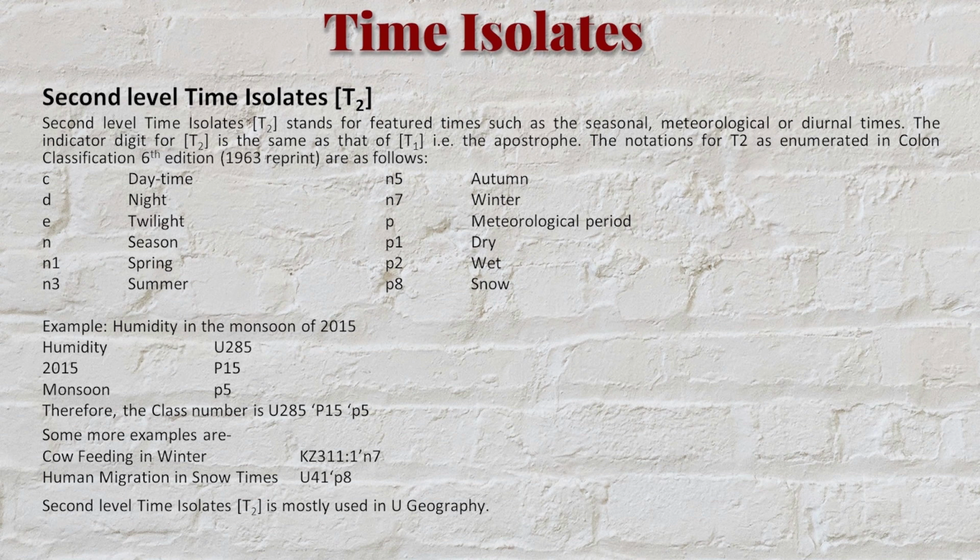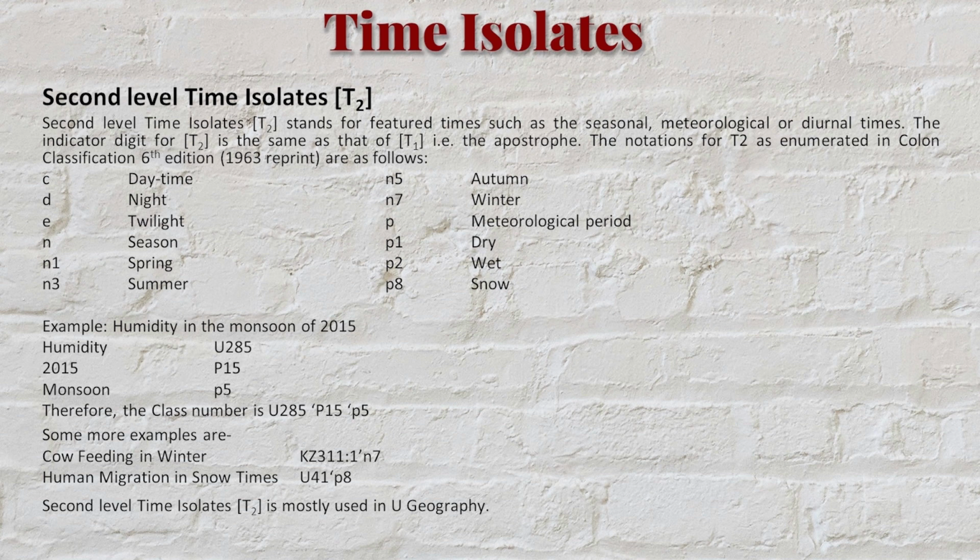Here all the small letters and maybe along with numerals are used to denote the seasonal or meteorological or diurnal times in the second level of time isolates.